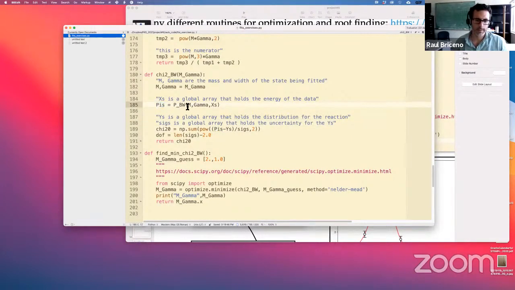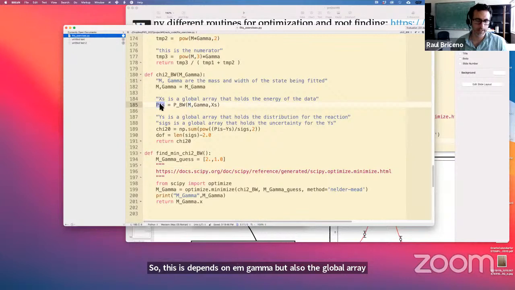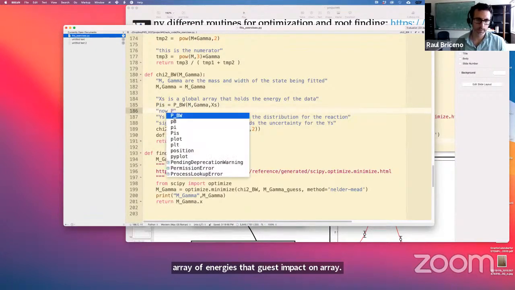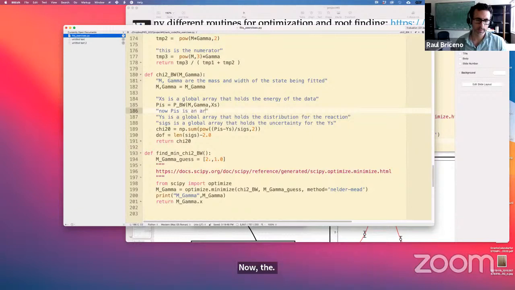So this depends on m and gamma, but also the global array of the energies, which gives me back an array. Now P is an array of the same size as YS. Xs, ys, and sigs are all the same length, okay?